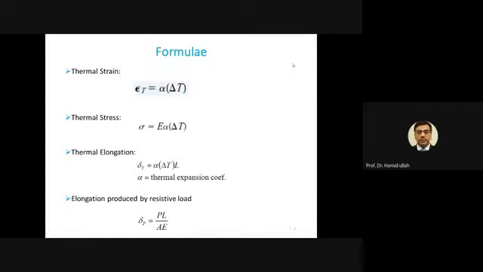I can display the formula. These are the formulas, and then you can think of what formulas you will need.